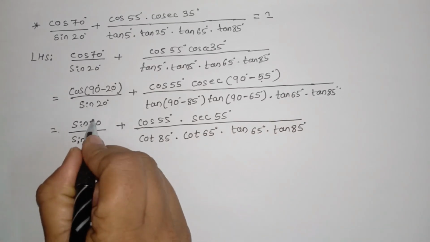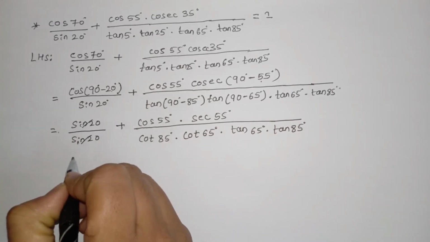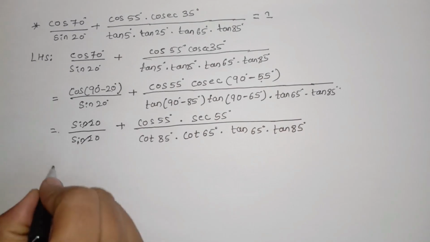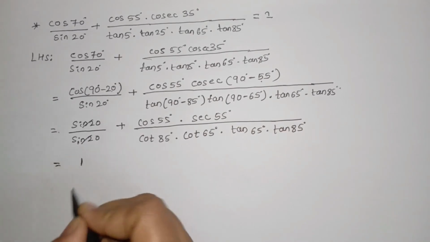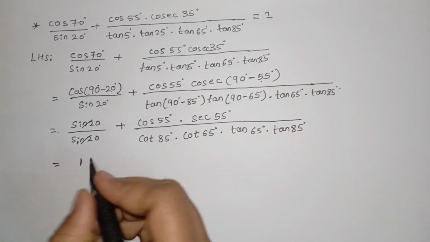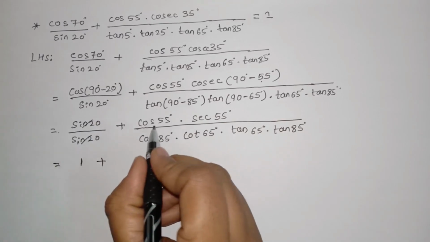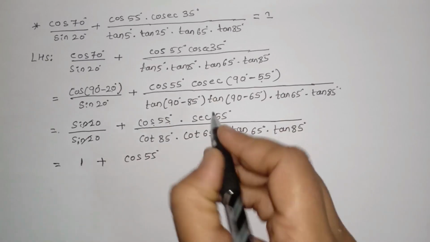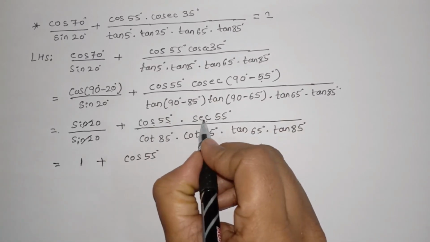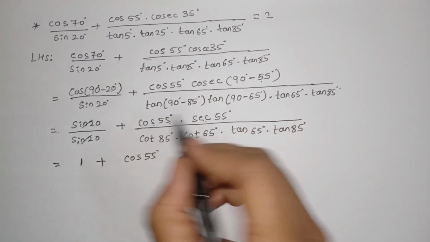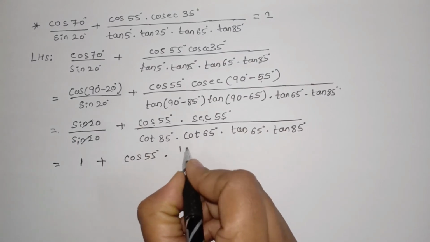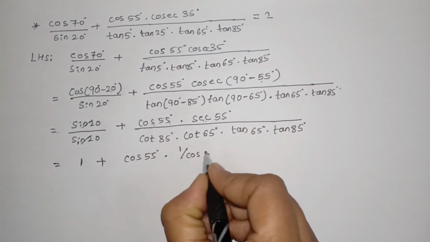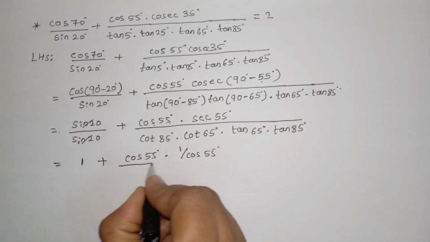Now here numerator sin 20 and denominator sin 20 will get cancelled. First term is nothing but 1 plus. So cos 55 as it is, sec 55, sec is nothing but reciprocal of cos. So sec can be written as 1 divided by cos 55 degree.